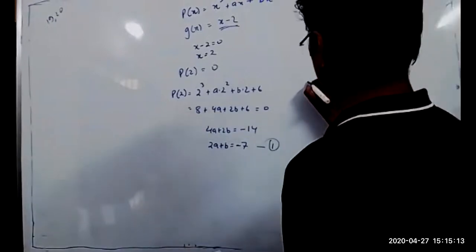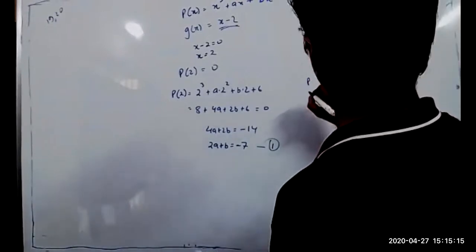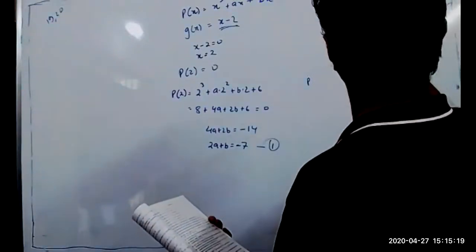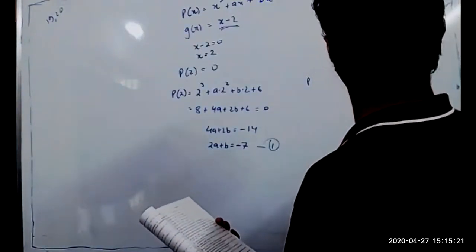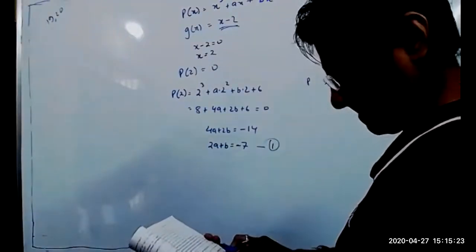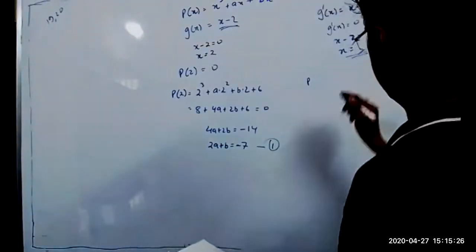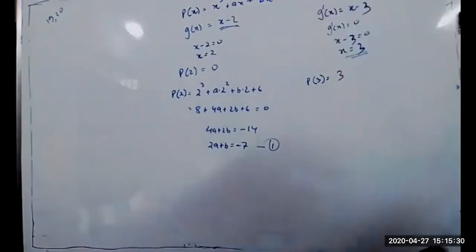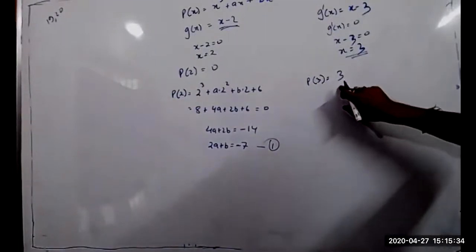So px minus 3, now P3 will be 3. Correct? This is what it is telling. The remainder will be 3.